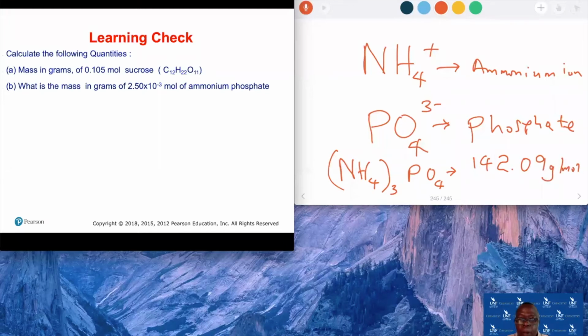We haven't solved the problem yet. You have to translate this to a chemical formula. If you don't know the formula for ammonium and the formula for phosphate, which are polyatomic ions, then you'll not end up with the correct formula, and the molar mass will be different.